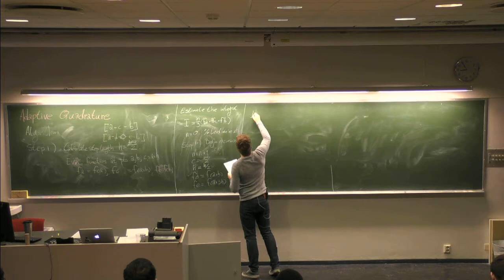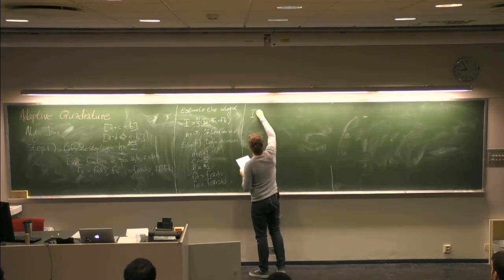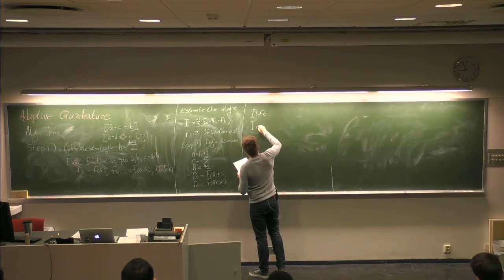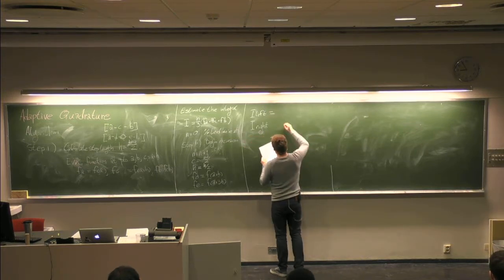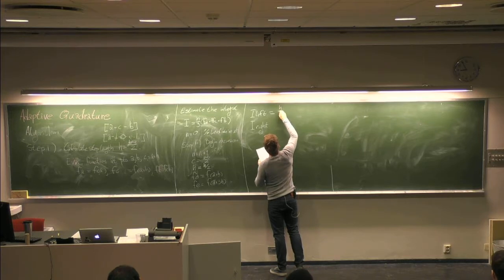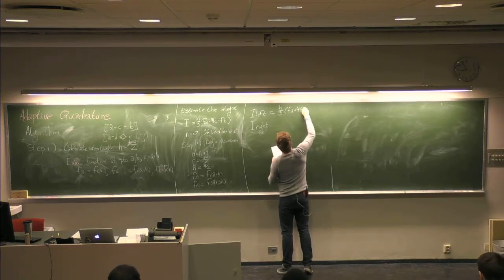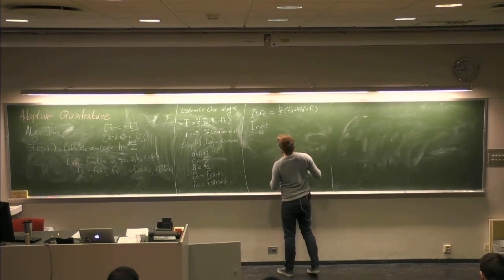So then I need an estimation of the left and the right subintervals. The left one is going to be h over 3 times fa plus 4 fd plus fc.